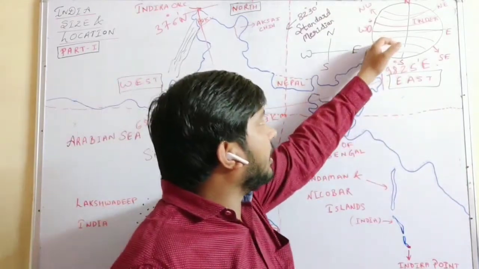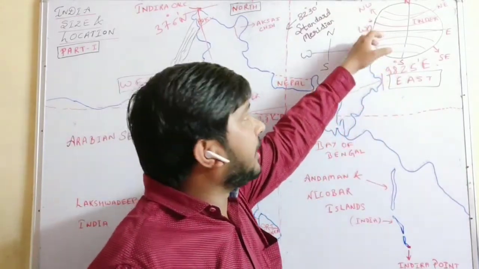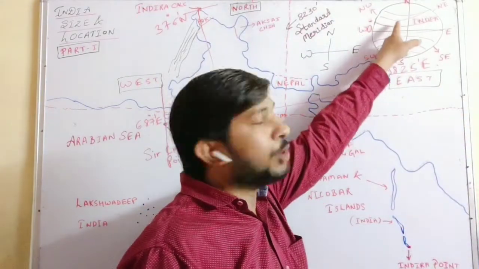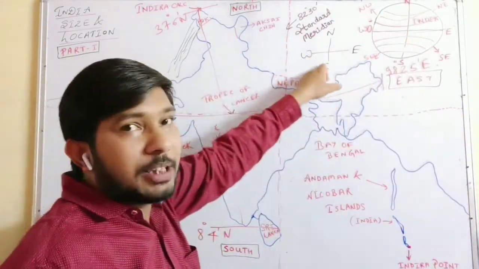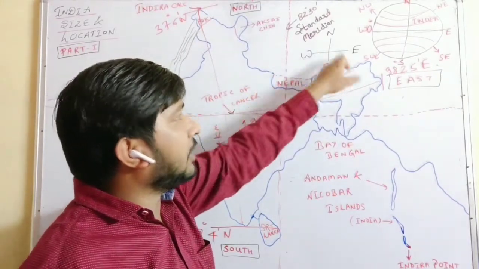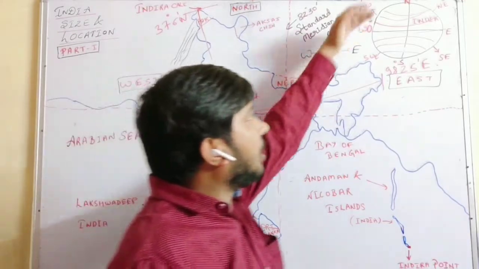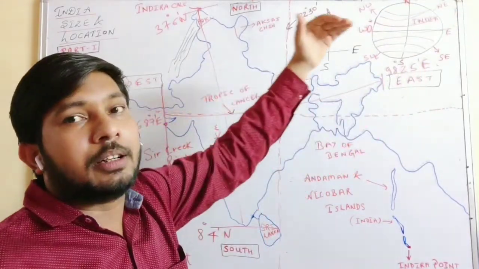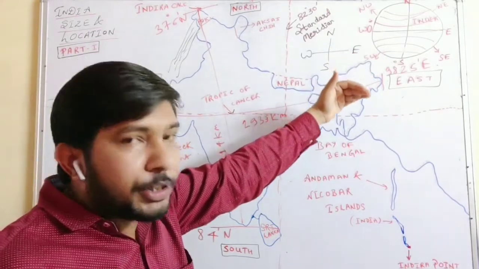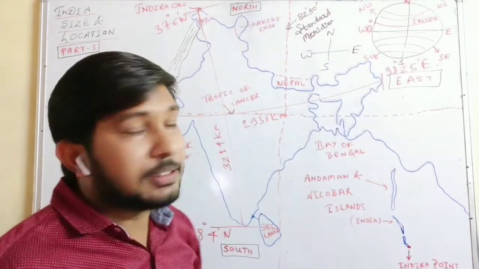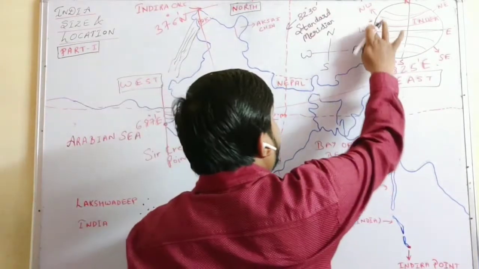Similarly, India is in the upper hemisphere, called the northern hemisphere, because here you can see the four directions of the world: north, south, east, west. The line dividing the sphere into two equal parts is the 0-degree equator.